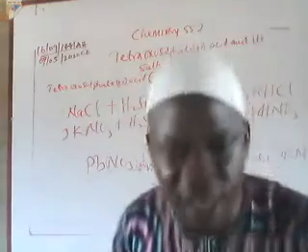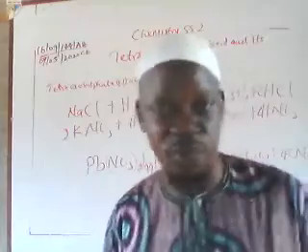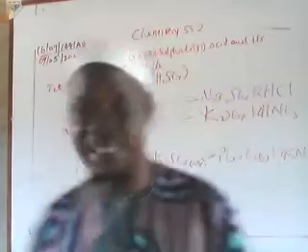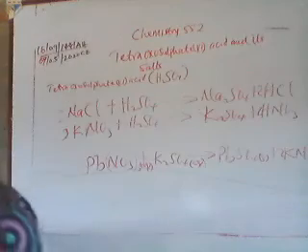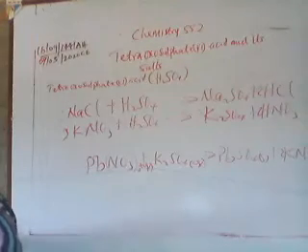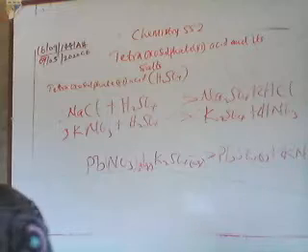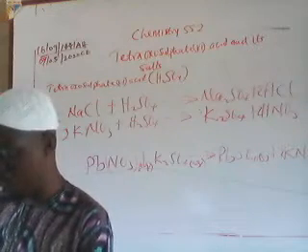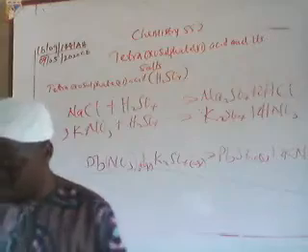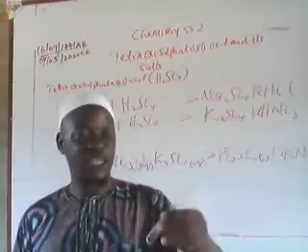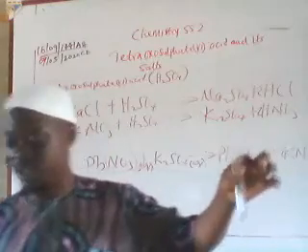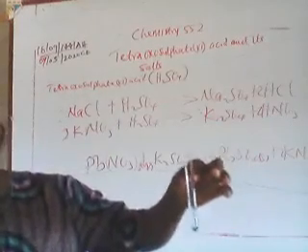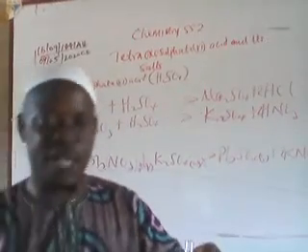Now, the next area where we are going to stop for today because of our time is tests for tetraoxosulfate 6 salts. Tetraoxosulfate 6 salts all react with barium chloride to form a white precipitate. This is a solution of copper 2 tetraoxosulfate 6. When I add a few drops of barium chloride, we will get a white precipitate.